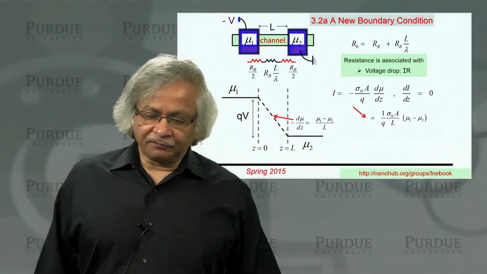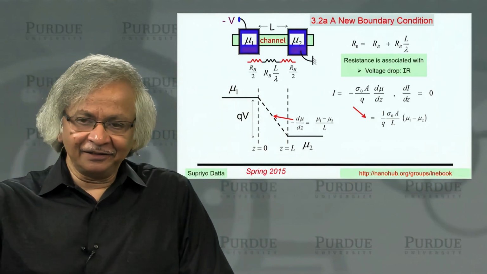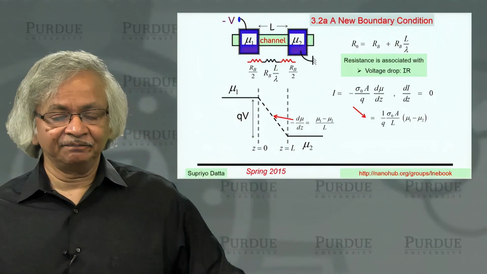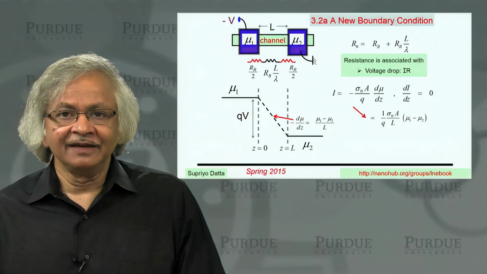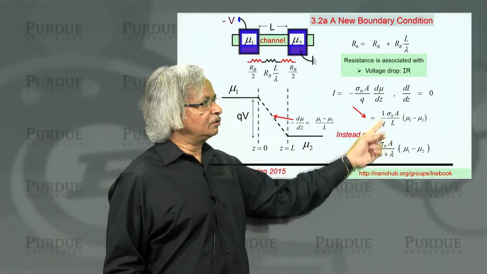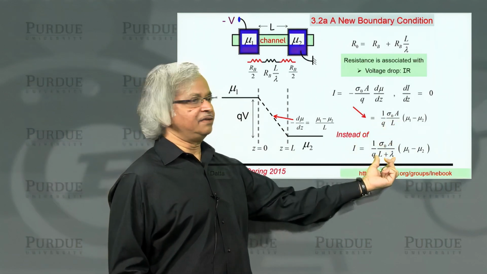Now what we'll notice is that this is not what we got in the earlier part of this course. What we have been discussing for the last couple of units is that the current is really given by not L in the denominator, but L plus the mean free path.